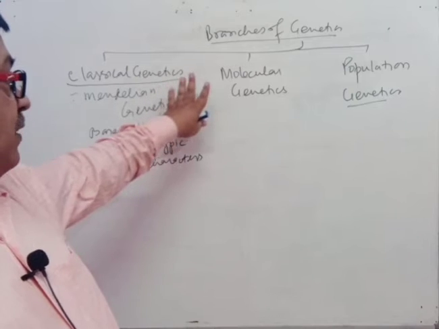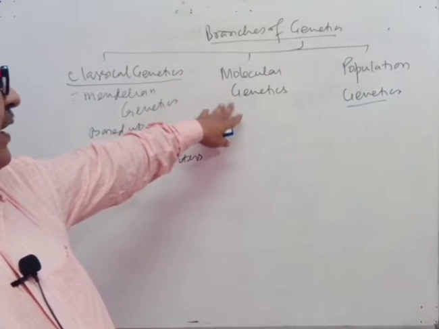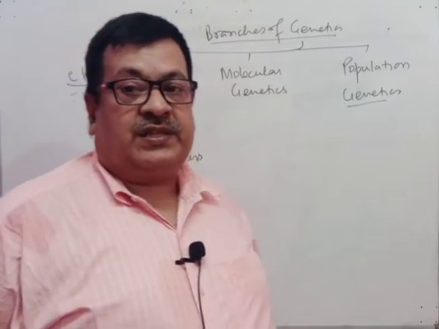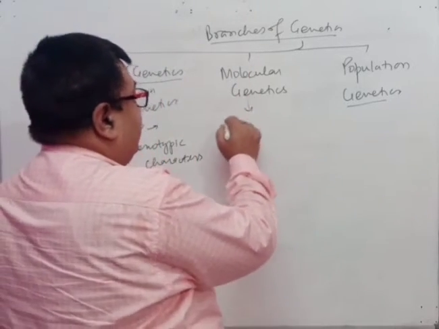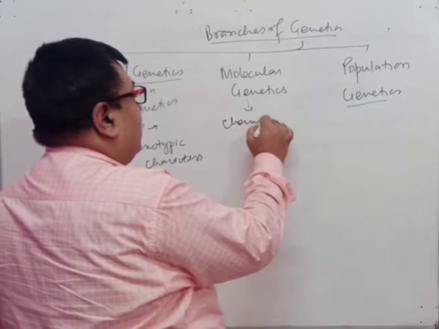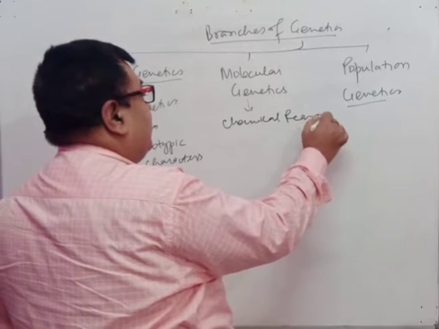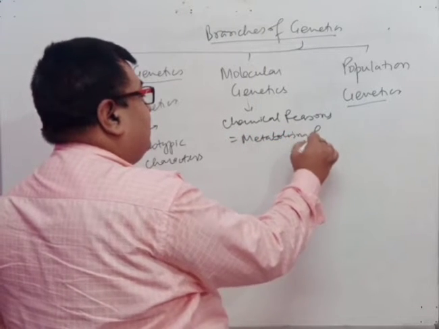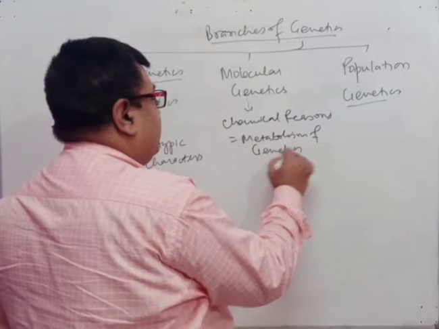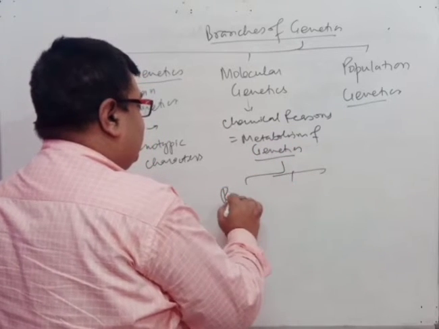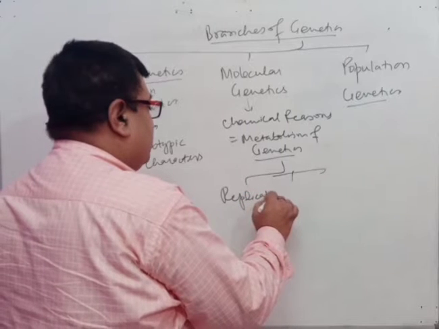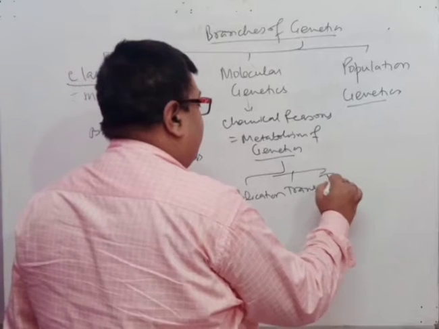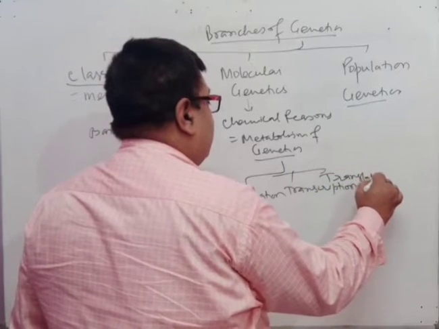Now if one wants to see the metabolic explanation of genetics, we will move to molecular genetics. Here we will explain the chemical reasons, means the metabolism of genetics, and it is revealed in three steps, that is replication, transcription and translation.